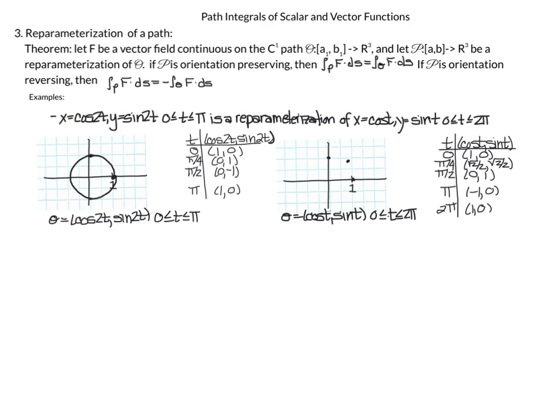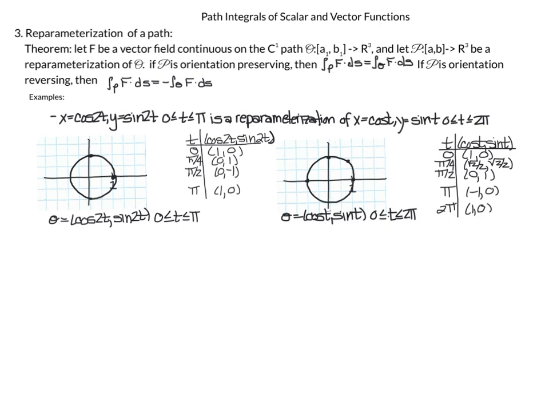Actually, I think I made this too high up. At t equals pi, I'm going to get negative 1, 0. And then I just skipped ahead. When we're at t equals 2 pi, I'm going to come back around to 1, 0. So this is my circle.